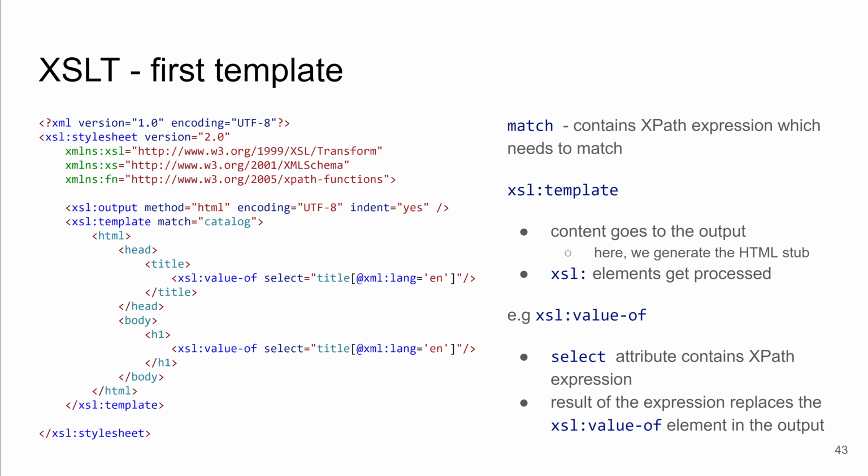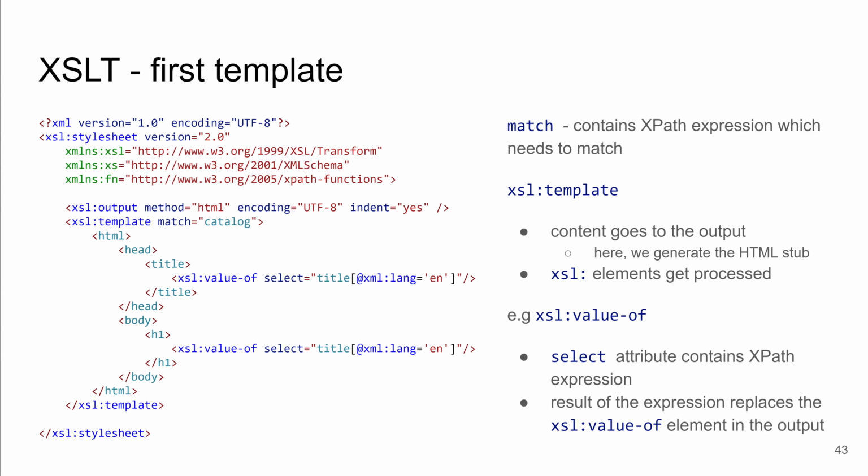So we have our head and our body, and what we will want to generate is the name of the catalog represented. We work with our data catalog example, so we'll want to represent the data catalog as an HTML page. So we'll want to fill the title element in the head and the heading element in the body.